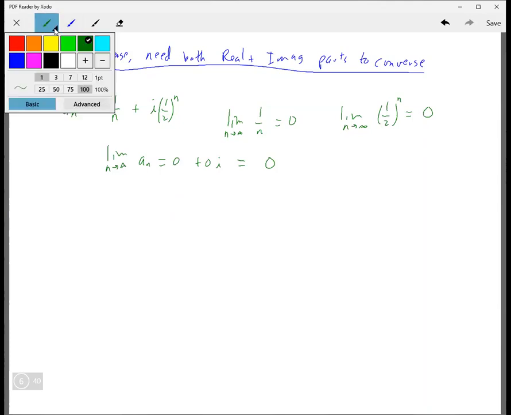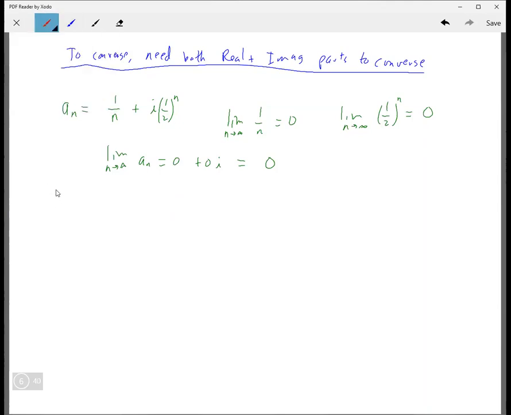Another example: let's suppose that you had n plus 3n over n plus 1 times i. What's the limit as n goes to infinity of the first one, the real part? That's going to be infinity, right? But I'll make you guys answer this one. What's the limit of the imaginary part?